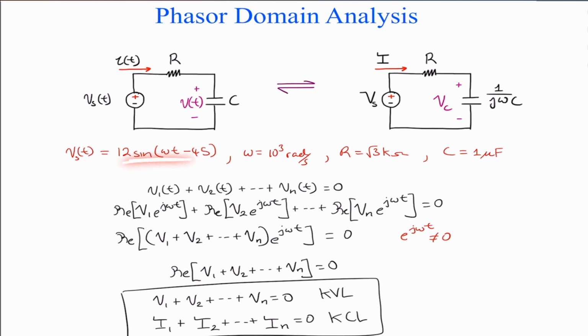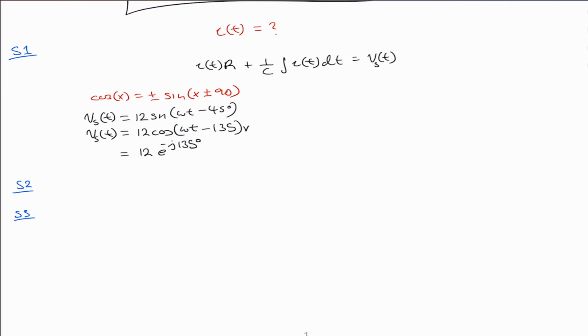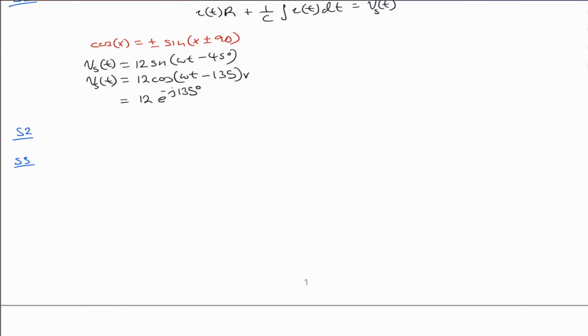Transformation to the time domain, we then get Vs, which is the phasor counterpart of that. So we can go back to that and start our step 3.